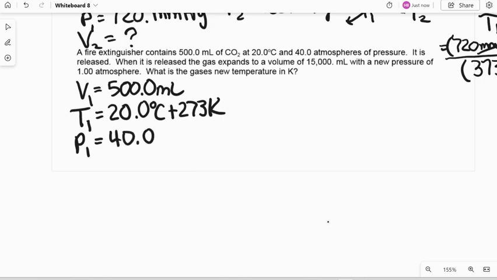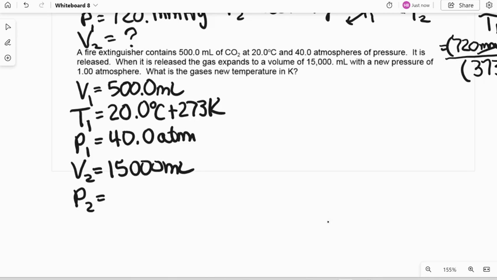That's highly pressurized, which is what we would expect for a fire extinguisher. It is released. When it released, the gas expands to a volume of 15,000 milliliters and a new pressure of 1.0 atmospheres. What's the new temperature in Kelvin?